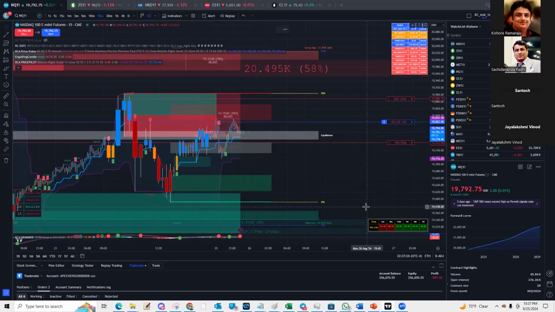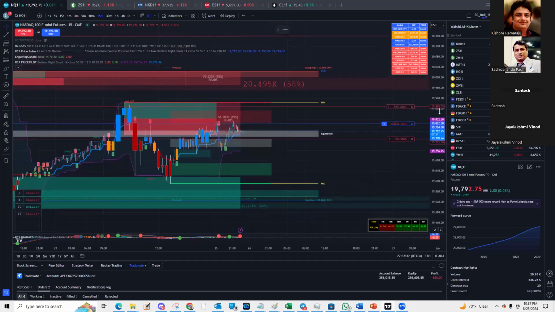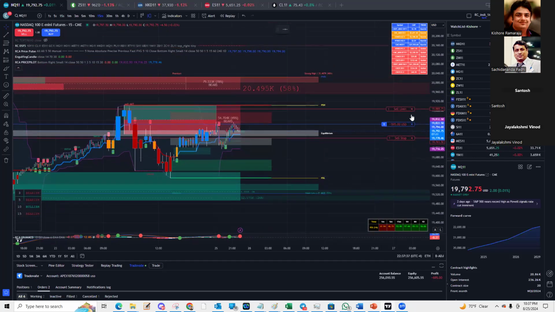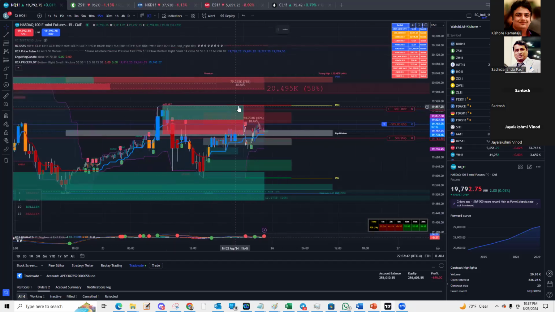You can disable it and you have to wait for the candle color to change. If it touches the box and you see a sell, that is a good one. Touching means the top line, basically this line. In that block it may touch anywhere, it may not exactly go till the top.